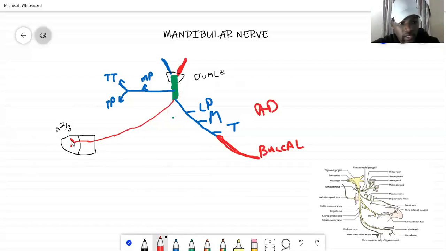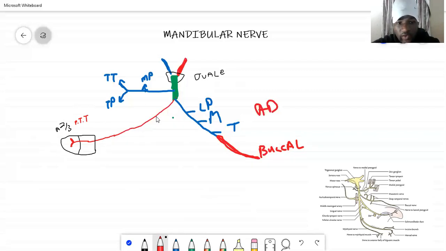So it is for general sensation on the anterior 2/3 of the tongue. It is mainly for pain, for touch, and for temperature. Are we clear? For pain, touch, and temperature. General sensation in the anterior 2/3 of the tongue. I hope we are together so far.